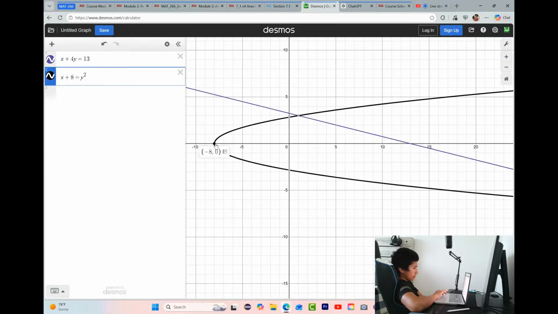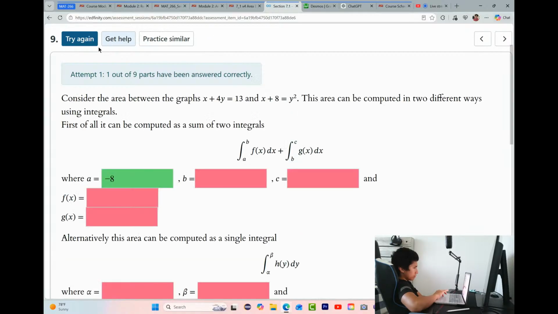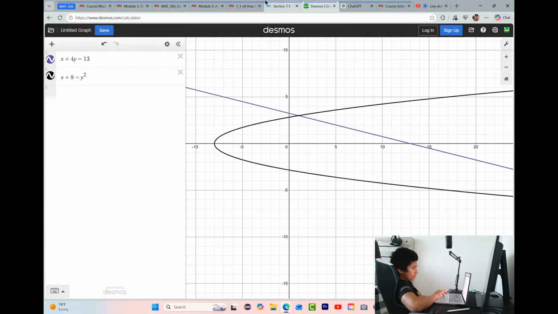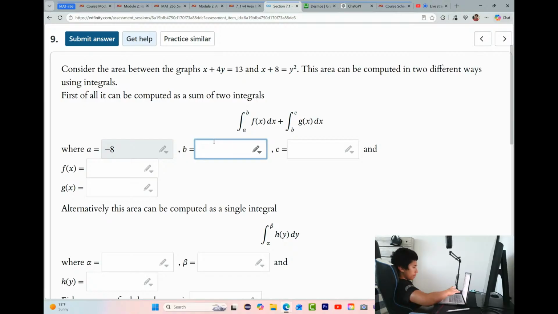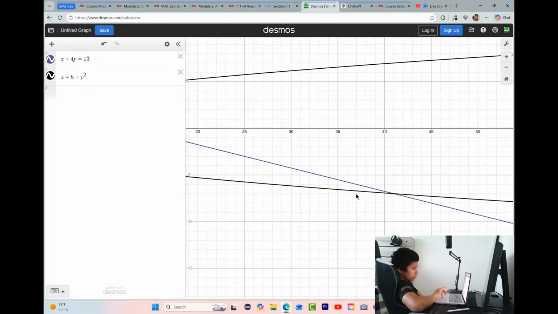So I believe it's going to be over here. -8. Is that even correct? All right, good. -8. And then b, the upper bound for that, well, I believe we're going to move until this intersection. That is going to be 1. And then from 1 all the way to 41.